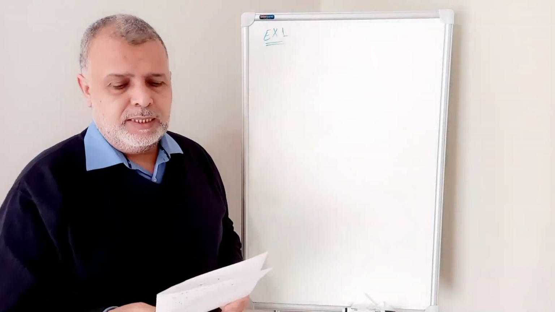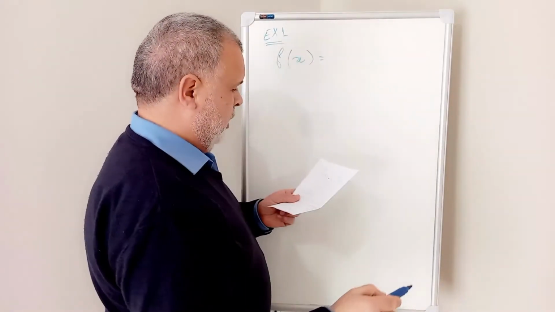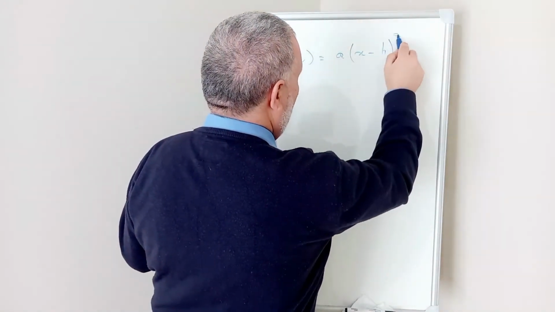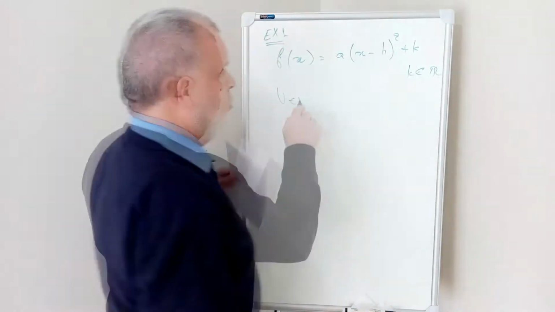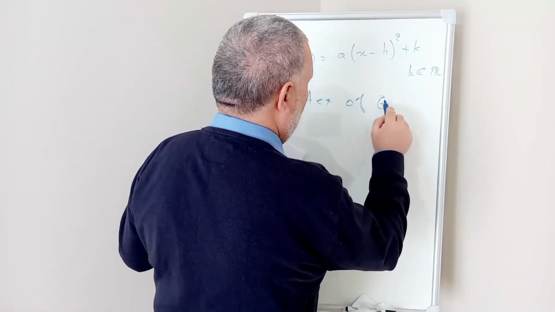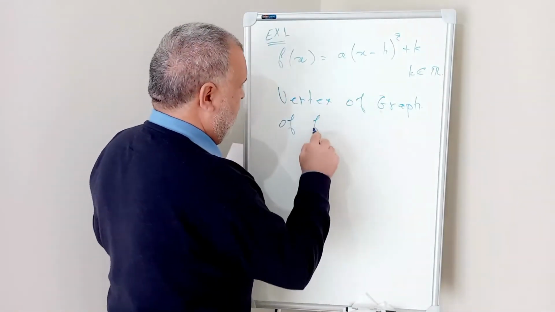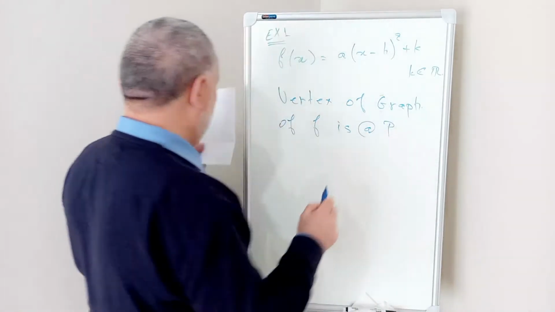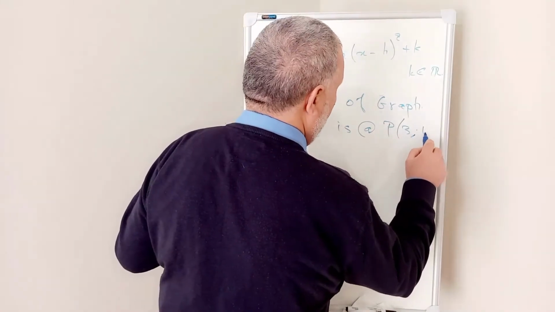As you have seen in exercise number 1, we have f of x equal to a times (x minus h) squared plus k, where the vertex of the graph of f is at the point P, and point P is (3, 4).